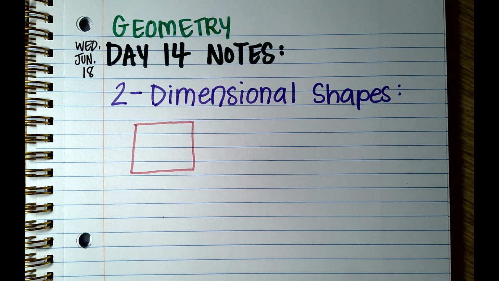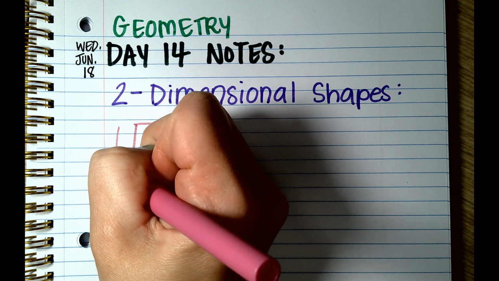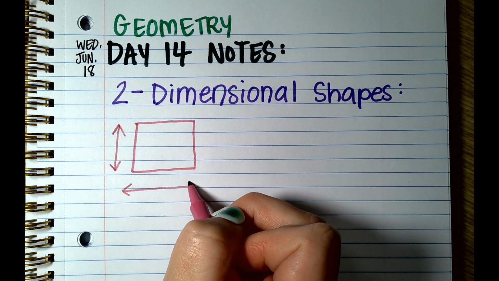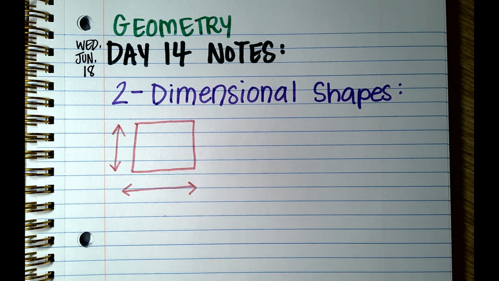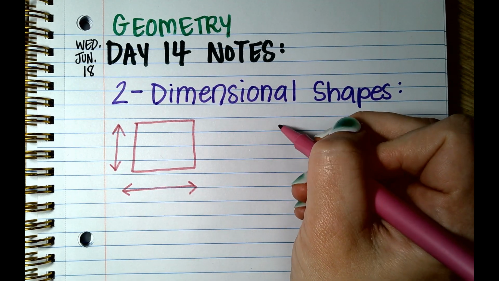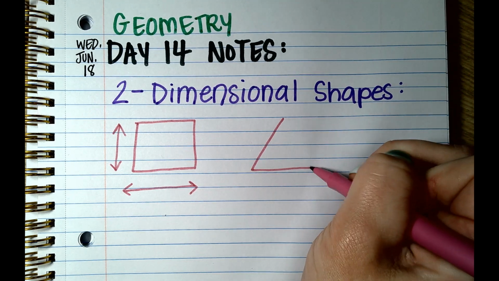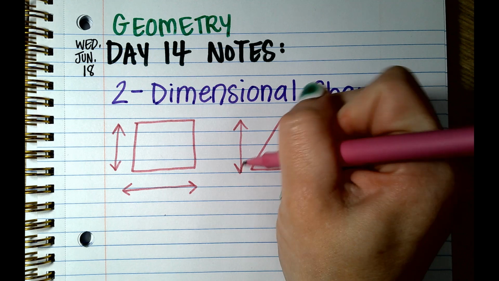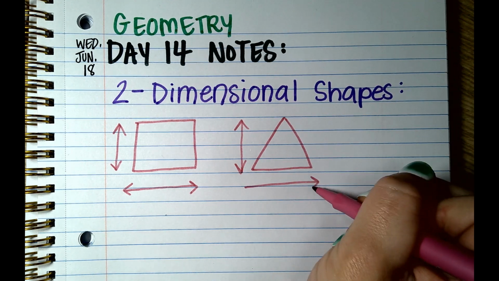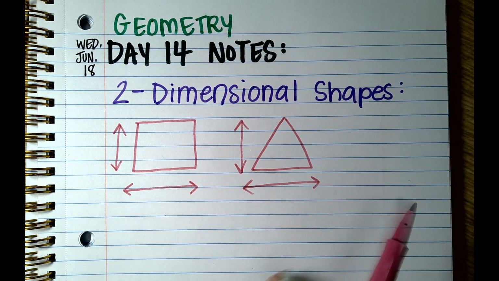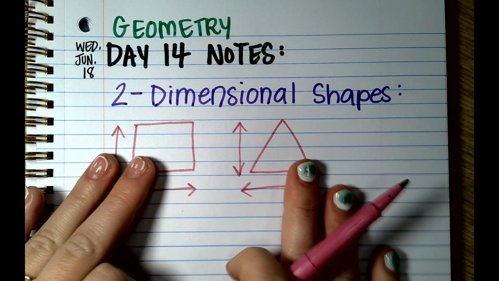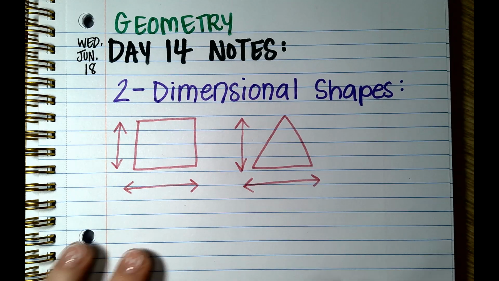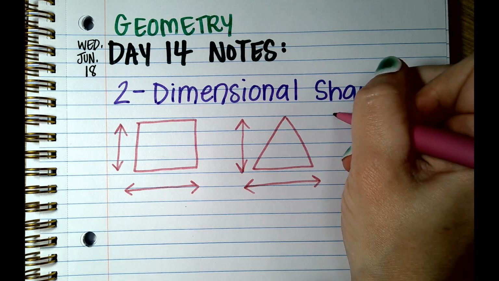That has 2 dimensions. So like 1 dimension here, 2 dimensions. A triangle. 1 dimension is the height of it, the other is the width of it. But it's flat. This doesn't pop off my page. 2-dimensional shapes are flat.